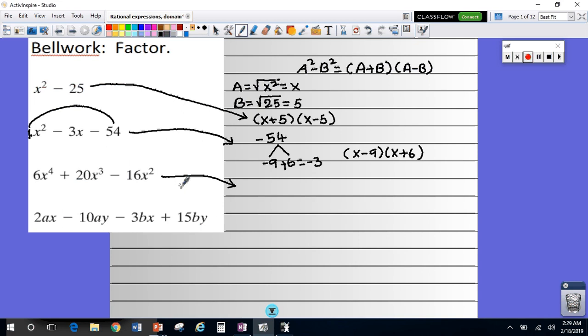The first thing we can do here is, what number goes into 6, 20 and 16? The greatest common factor which divides 6, 20 and 16 is 2, right?